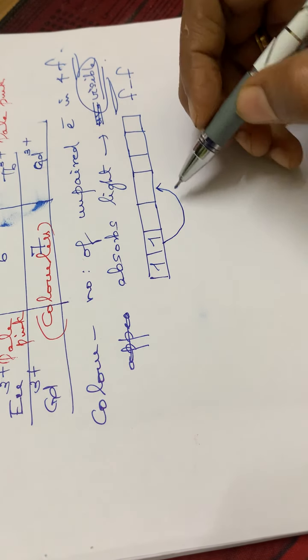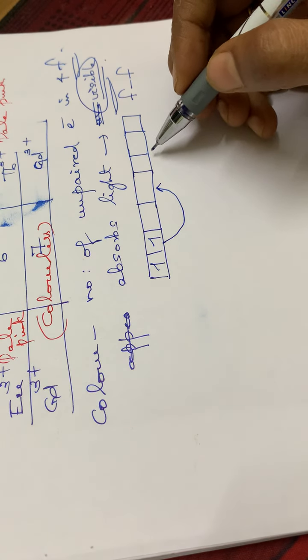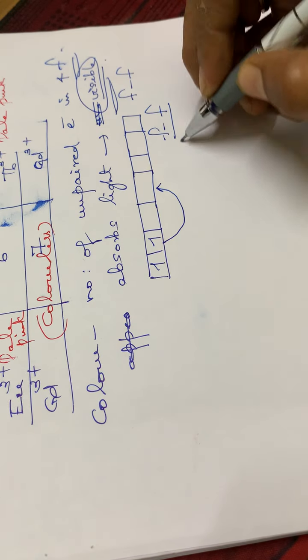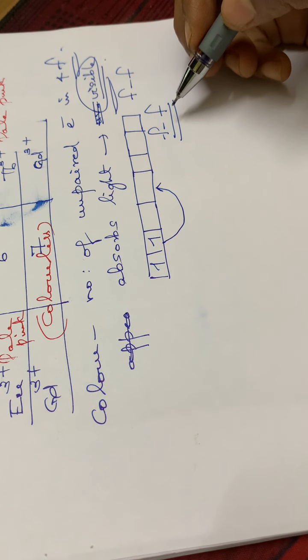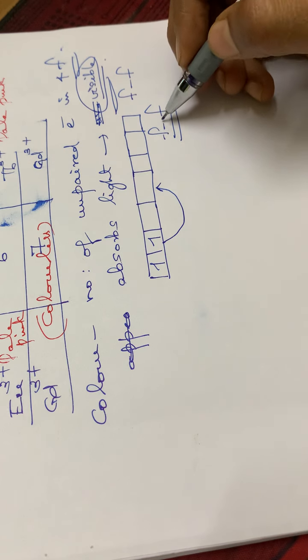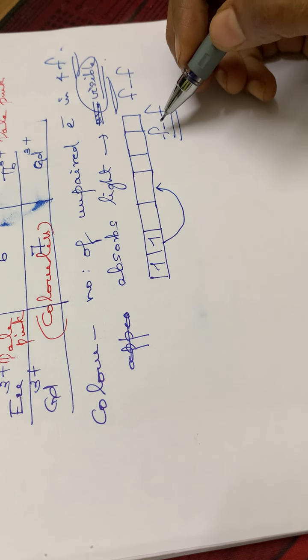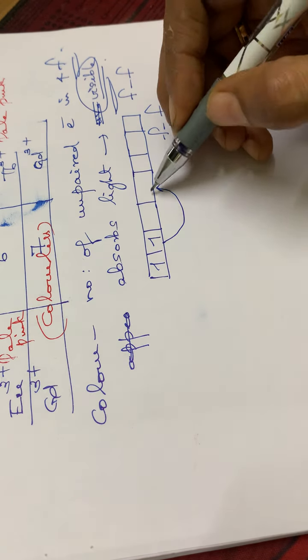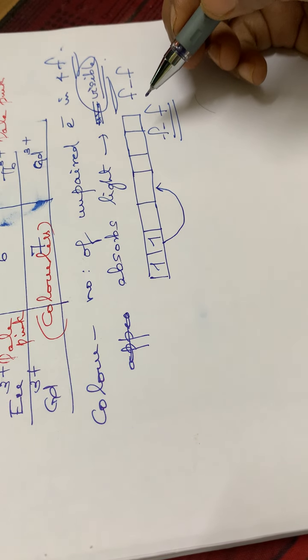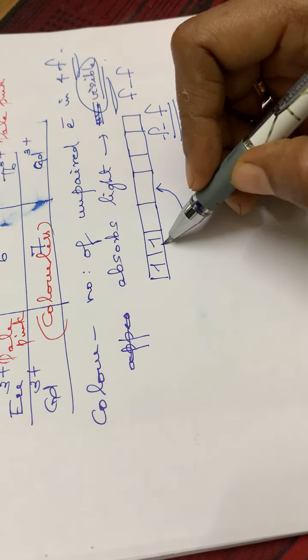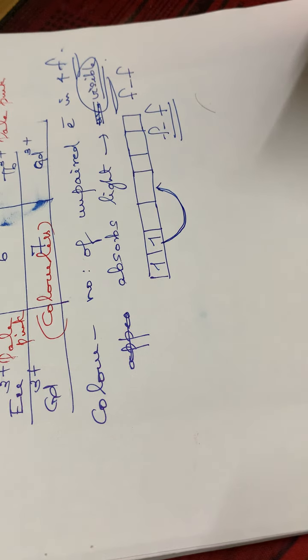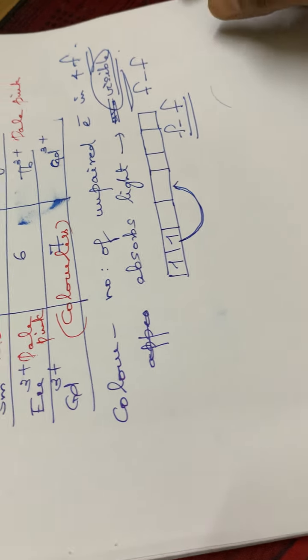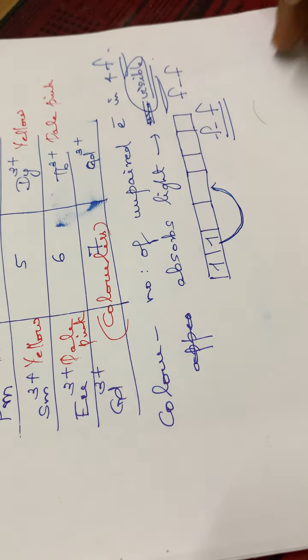As a result of this f-f transition, the energy needed to excite the electrons to the neighboring f orbitals will be different, and correspondingly the color will vary. So that is the explanation for the different colors for the same number of unpaired electrons.